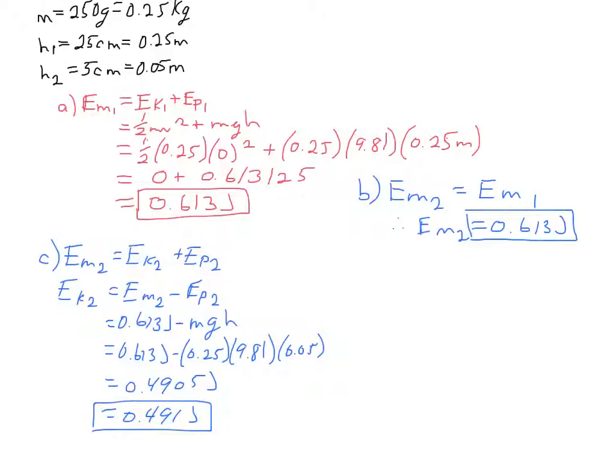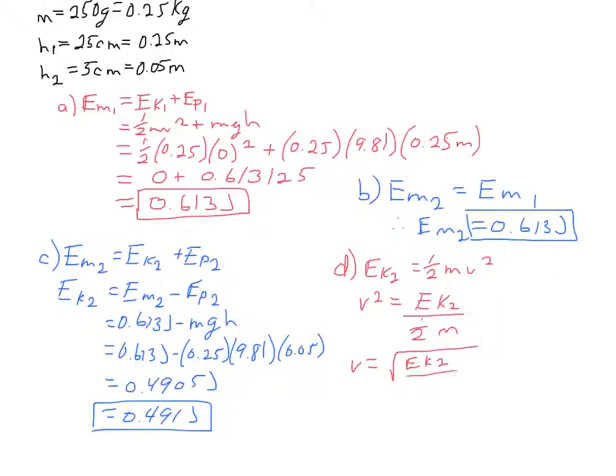Our last question here is asking for speed. We can get our speed by looking at our kinetic energy, because that's equal to half mv squared, and we can rearrange this to solve for speed. We have v squared is equal to EK2 over half m, and then our v is going to be equal to the square root of EK2 divided by half m.